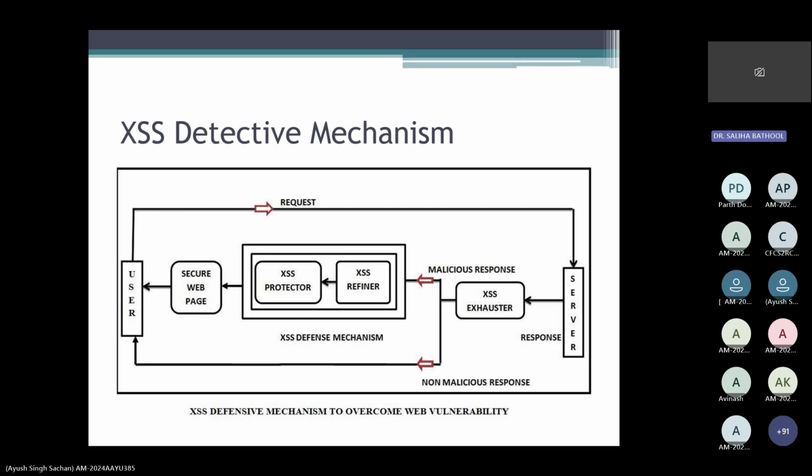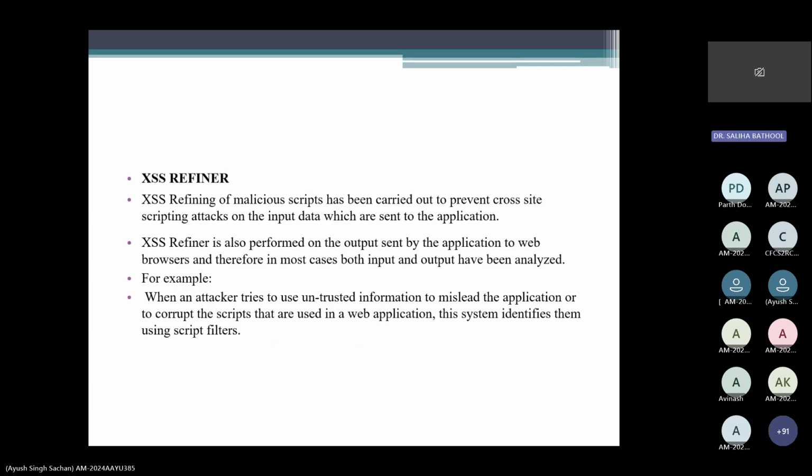So what is the process of the XSS refiner? The refiner, in a sense, filters the data and the script, and moves it to the next level. XSS refining of malicious script is carried out to prevent cross-site scripting attacks on the input data which are sent to the application.